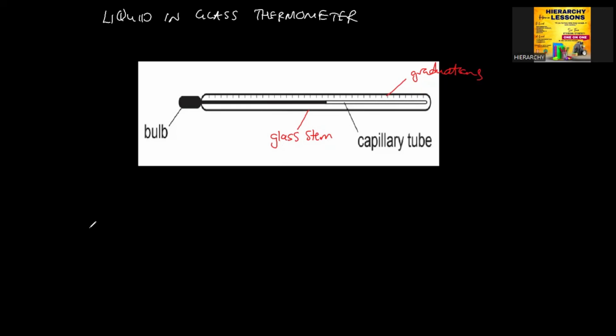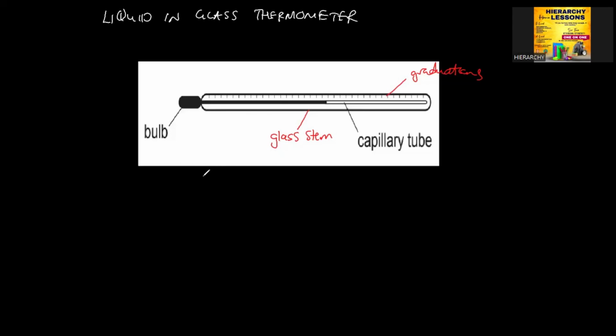The liquid in glass thermometer comprises a glass bulb that contains the liquid, and the expansion of the liquid makes its thread in the capillary tube increase in length and measure the temperature. With regular use, these thermometers become inaccurate because frequent use causes the expansion of the glass to become permanent.